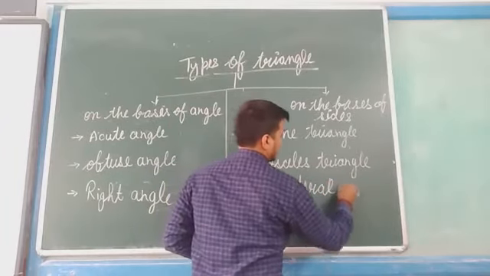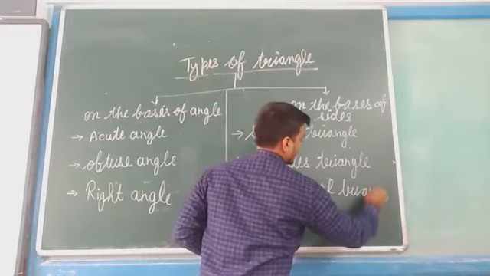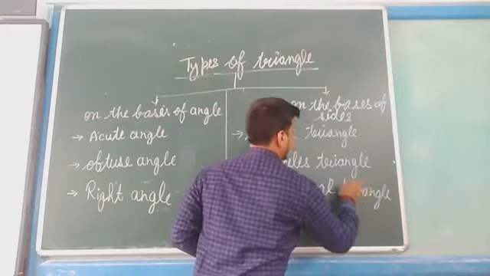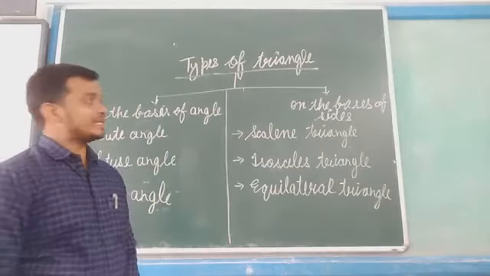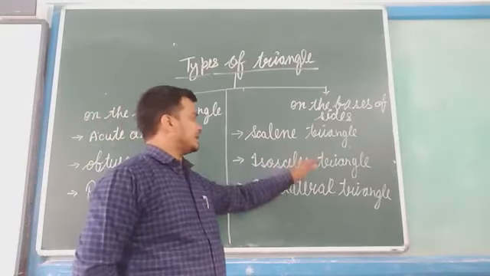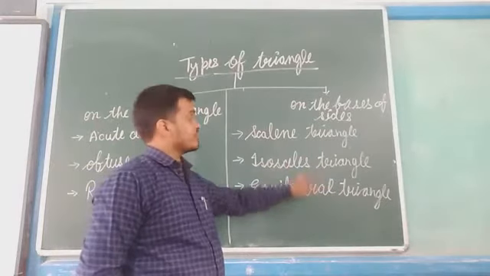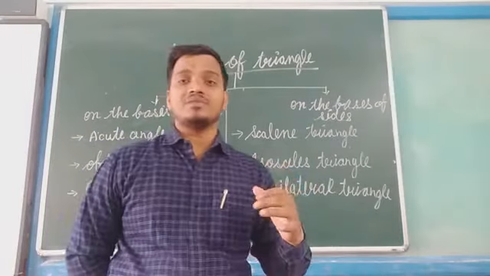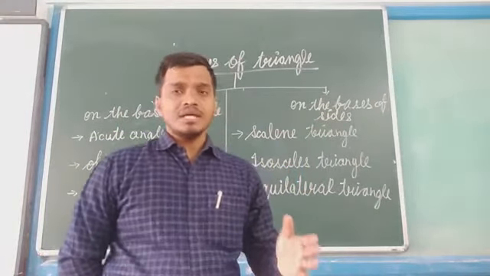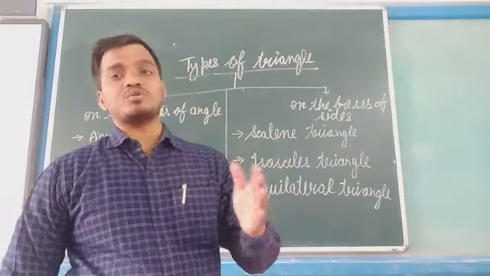So if we divide the triangle on the basis of sides, three types of triangles are there: scalene, isosceles, equilateral. Scalene triangle is the triangle where all the sides are of different measurements. There is no relation between any two sides of the triangle.